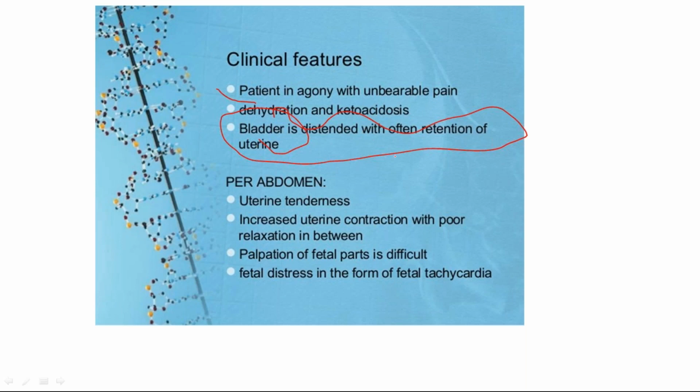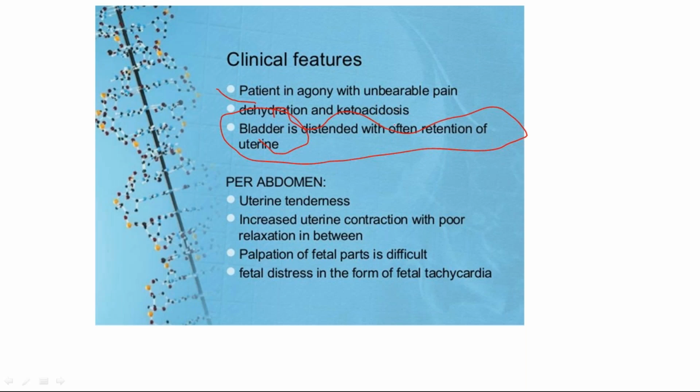So repeated bladder distension requiring repeated catheterization should actually be avoided. Any catheterization during labor should be avoided unless it's some high risk case where you need to maintain the IO chart, like preeclampsia, eclampsia, heart disease, and so on. Otherwise, in all low risk cases, there's no need to catheterize the bladder unless she is in some shock or something.